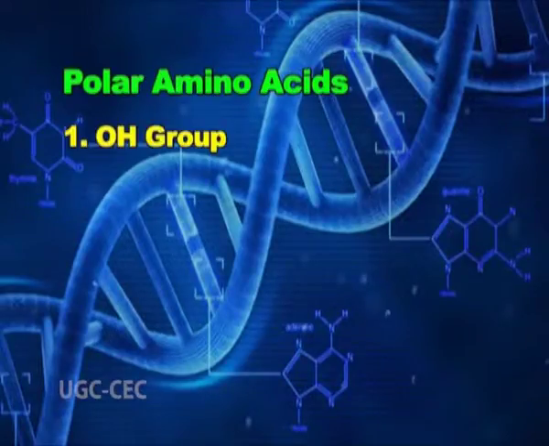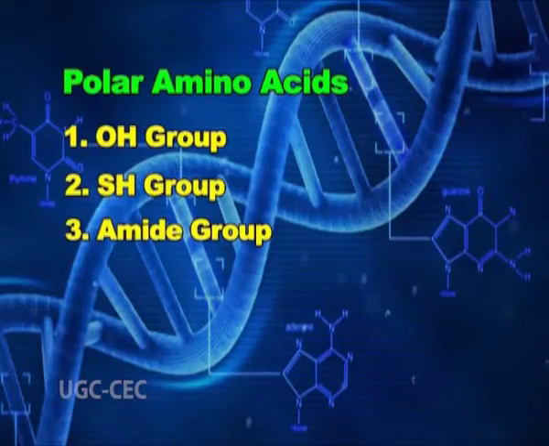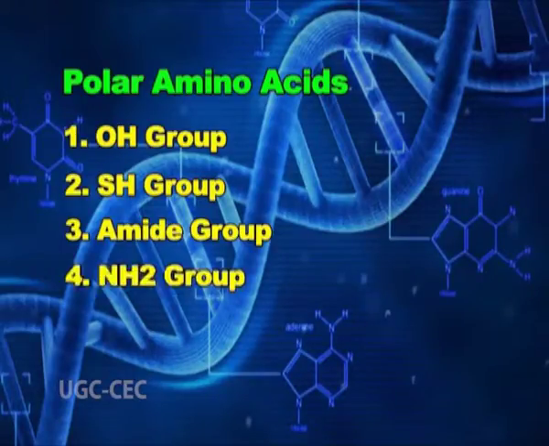In those amino acids, R may contain: 1. OH group as in serine, threonine and tyrosine; 2. SH group as in cysteine; 3. amide group as in glutamine and asparagine; 4.